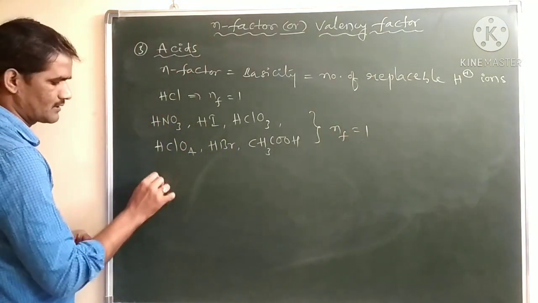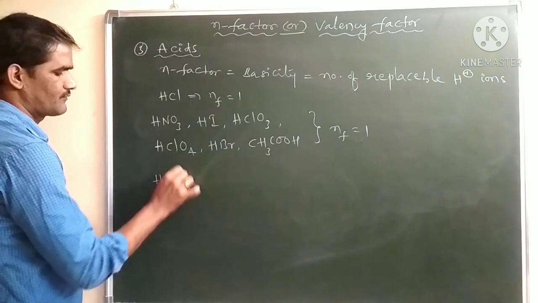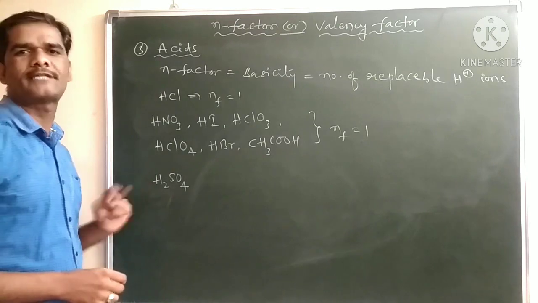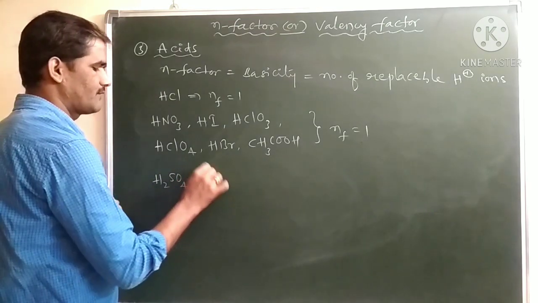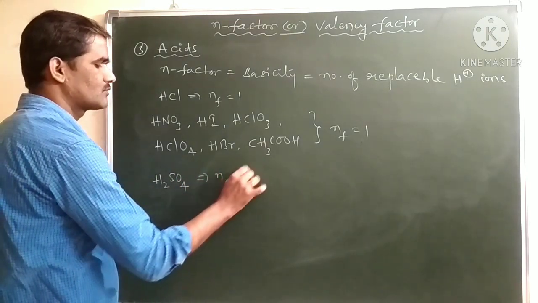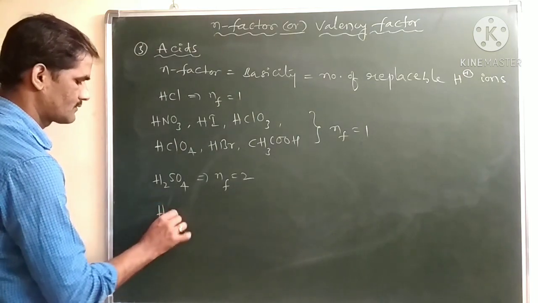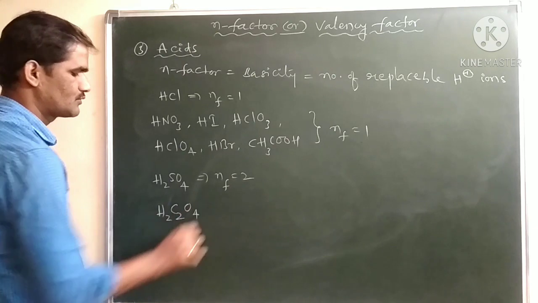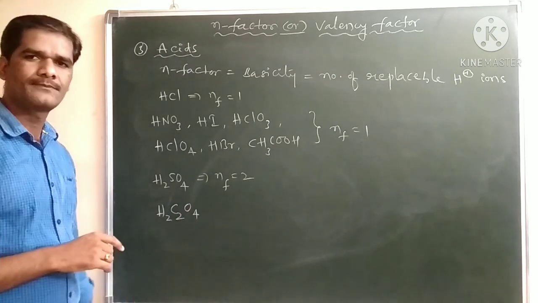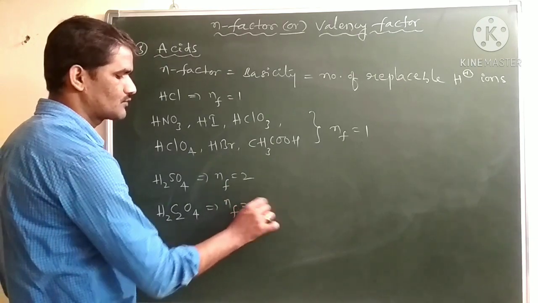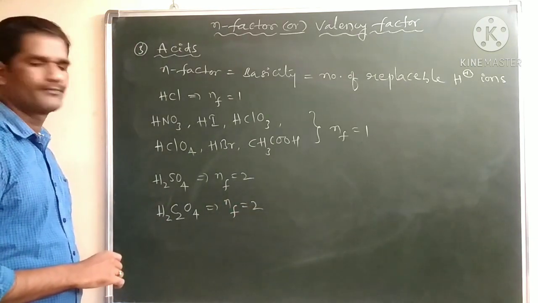Similarly, let us take some others. H2SO4, sulfuric acid. Here sulfuric acid replaces two H plus ions. So for sulfuric acid N factor is equal to 2. You can take oxalic acid, H2C2O4. Again it replaces two H plus ions. So its N factor is equal to 2.